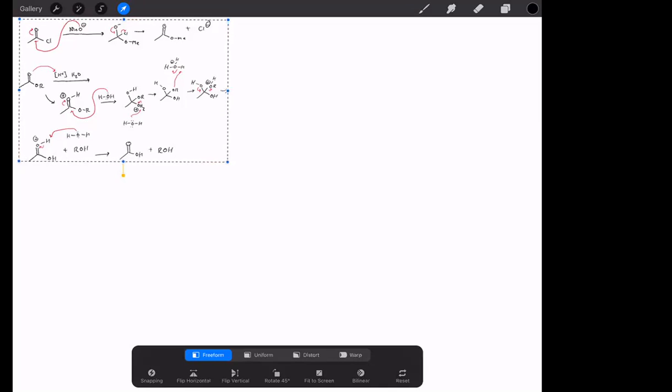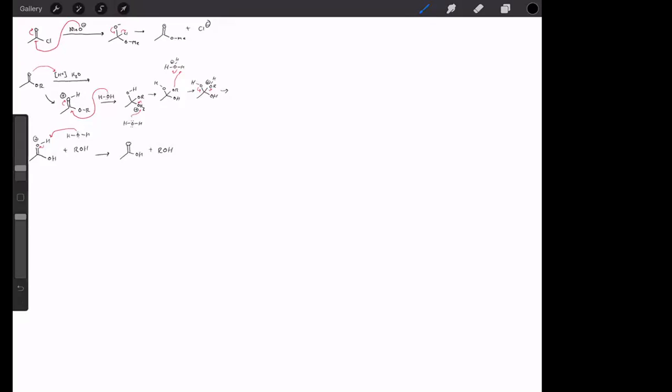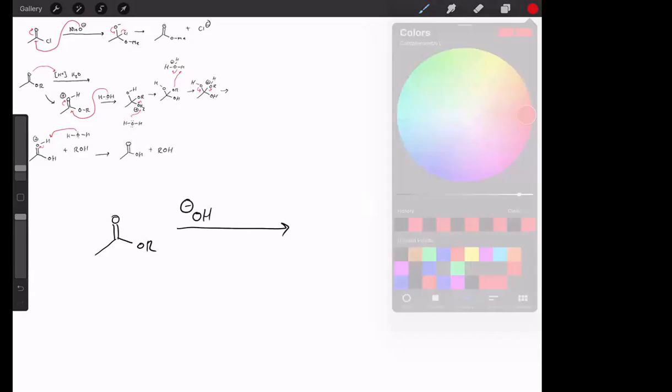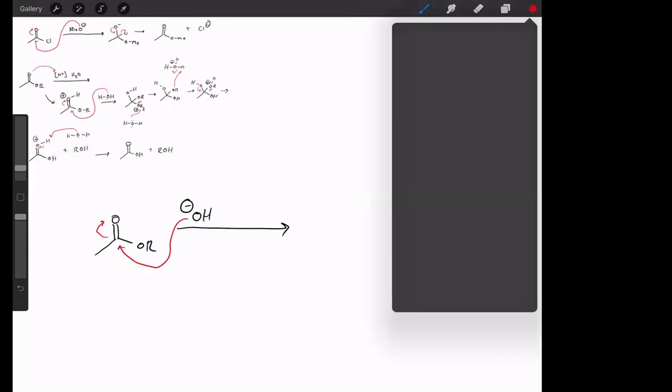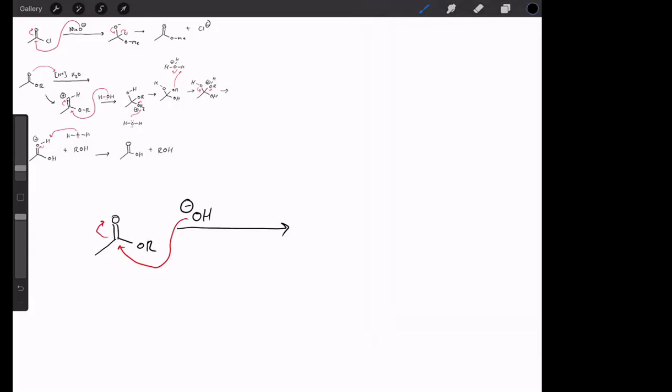That didn't need any proton transfers, but hydrolysis of an ester under acidic conditions certainly did need a proton transfer. In fact, it needed 1, 2, 3 proton transfers in the process to make it happen. But another way you can do hydrolysis of esters is under basic conditions. And now I can have nucleophilic attack be the first thing that happens in this case.